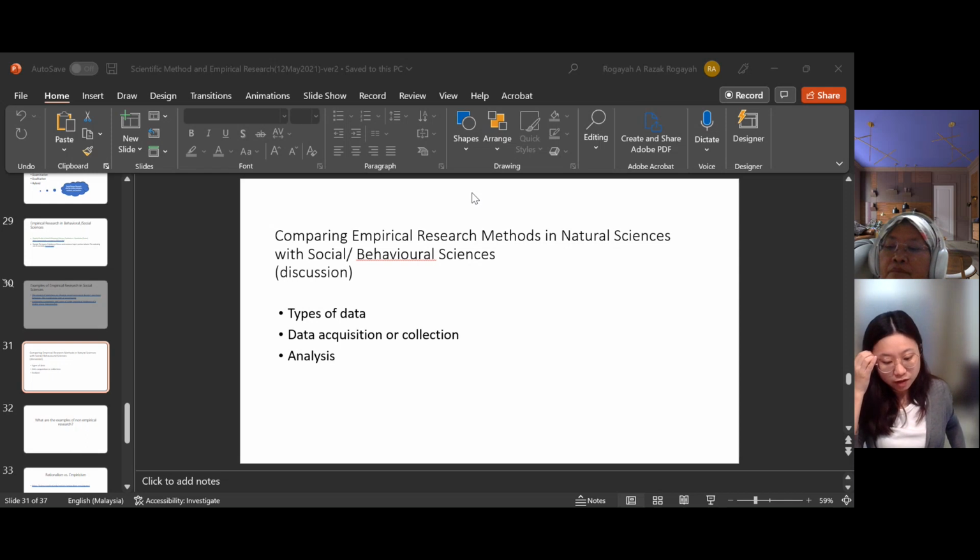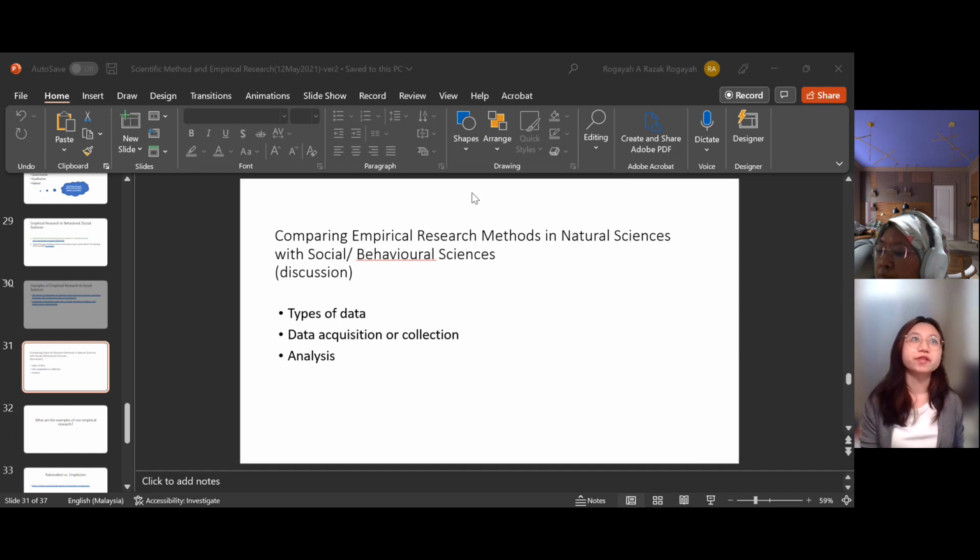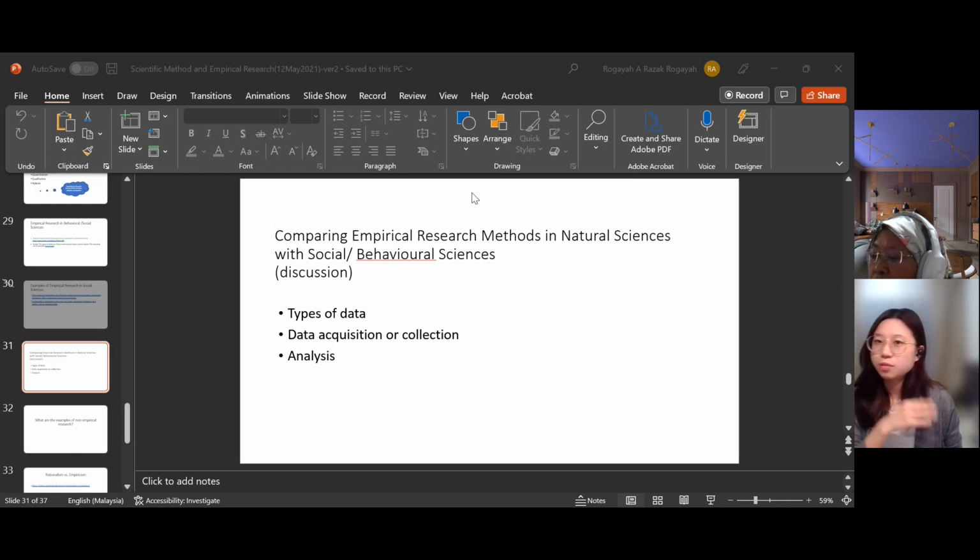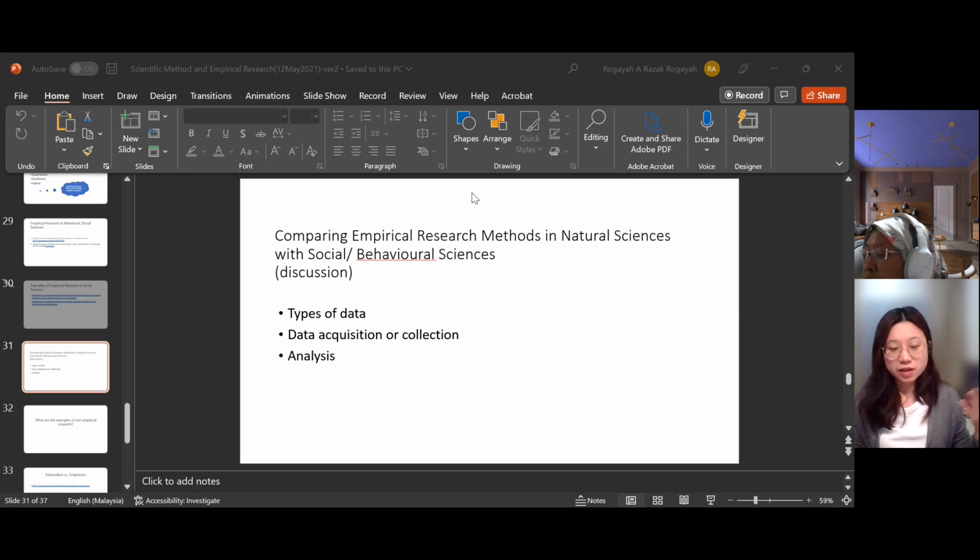Let's go with types of data between natural sciences and social behavioral sciences. Natural sciences is more on natural phenomena or natural occurrences. For example, we are going to be researching the factors causing floods between 2020, 2021, and 2022 in Malaysia.